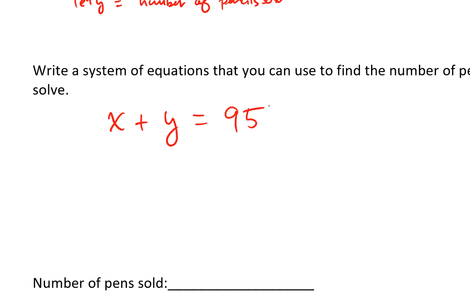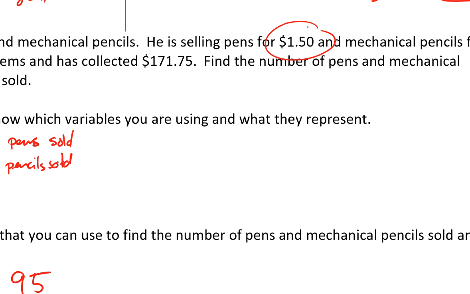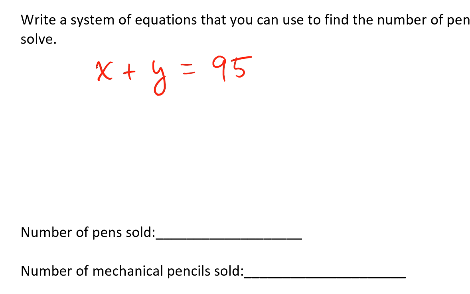That's one equation. The other equation I have is that each of the pens sold for $1.50 and each of the pencils sold for $1.95. So the amount of money generated by the pens is $1.50 times X. So 1.5x is the amount of money generated by the sale of pens. $1.95 is what the mechanical pencils cost.